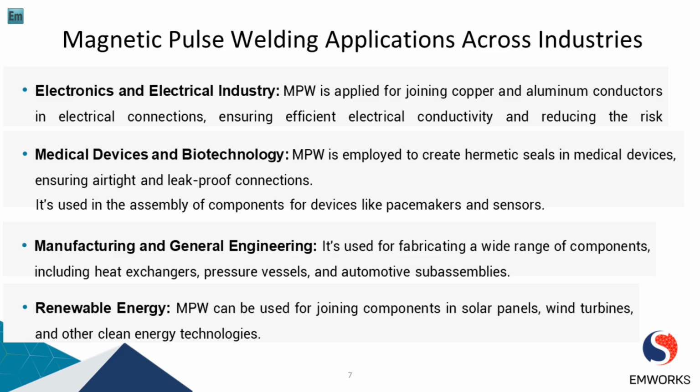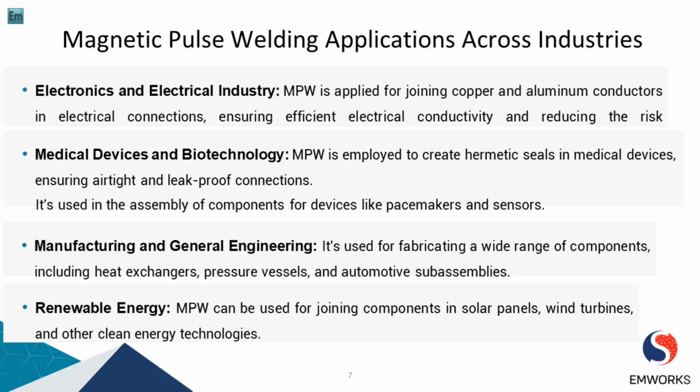Indeed, magnetic pulse welding's impact is far-reaching. In the electronics and electrical industry, magnetic pulse welding plays a crucial role in joining dissimilar conductors like copper and aluminum, ensuring efficient electrical conductivity and, as we saw in the previous application, reducing the risk of corrosion.